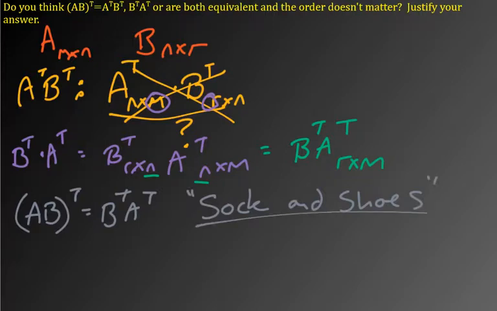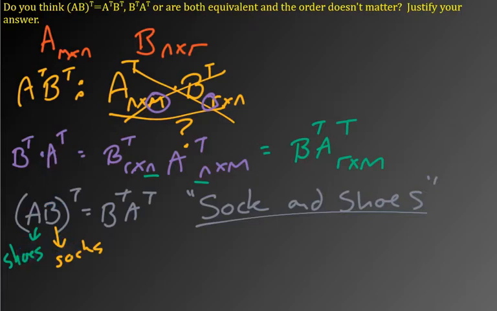Basically, if you assign B as socks and A as shoes, the idea is that when you do this matrix multiplication, you always read it from the right. So you put your socks on first, then you put your shoes on.